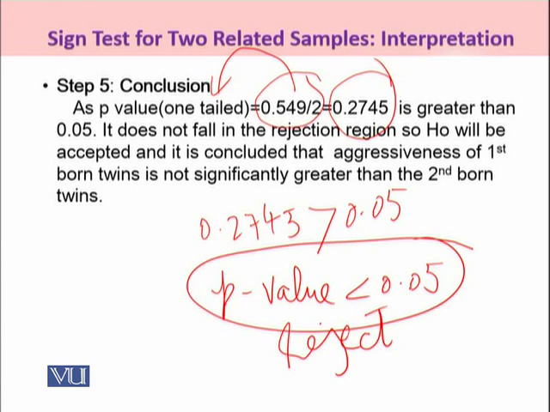But as you can observe, 0.2745 is not less than 0.05, it is very much greater. So we cannot reject H0. That means our sample has supported our null hypothesis, and we conclude that the aggressiveness of firstborn twins is not significantly different or greater than that of the second-born twins.